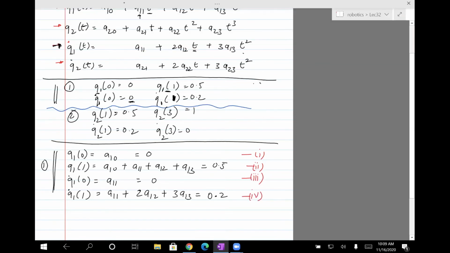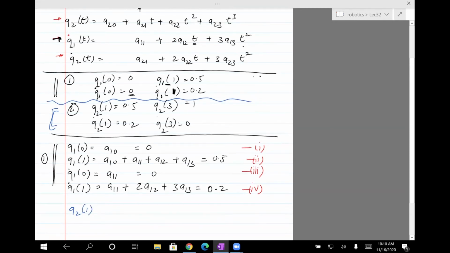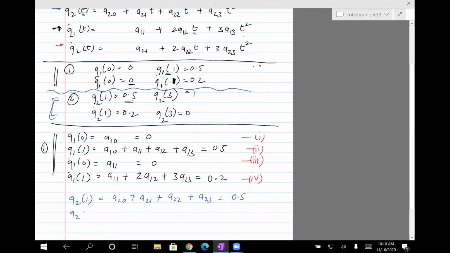Now let's do the same thing for the second set of conditions. Now I have q2 of 1. What I need to do is put time t equals 1 in this expression. So q2 of 1 equals a20 plus a21 plus a22 plus a23 equals 0.5. Next we have q2 of 3, which is this condition, so everything here should be equal to 1.